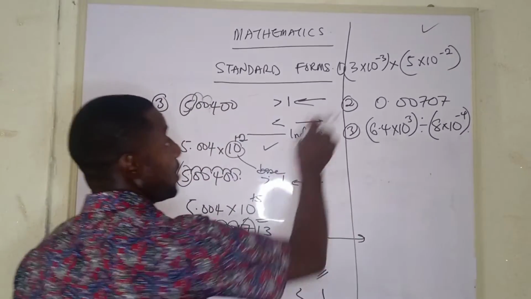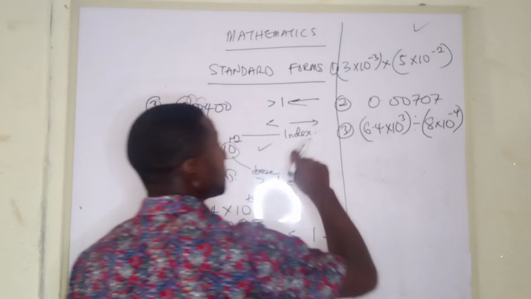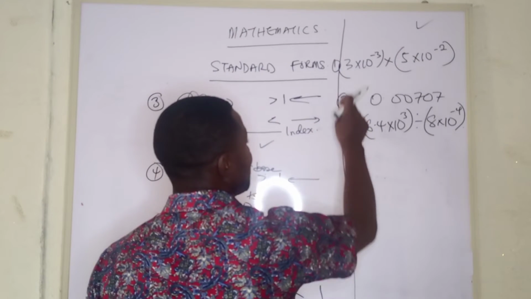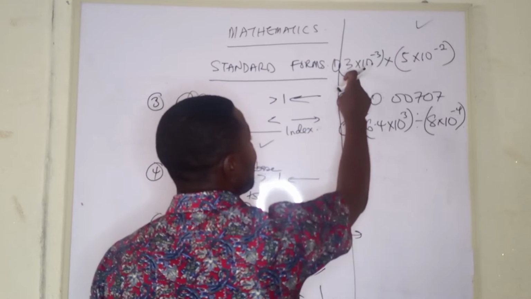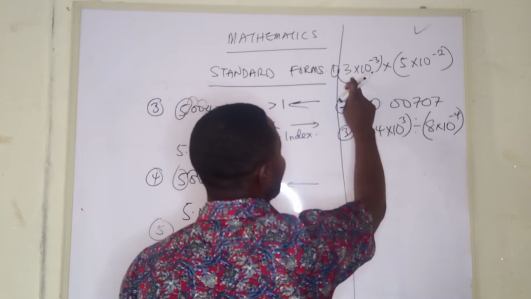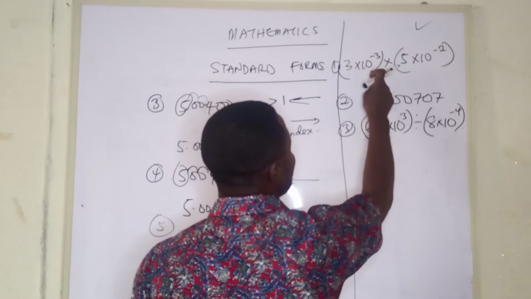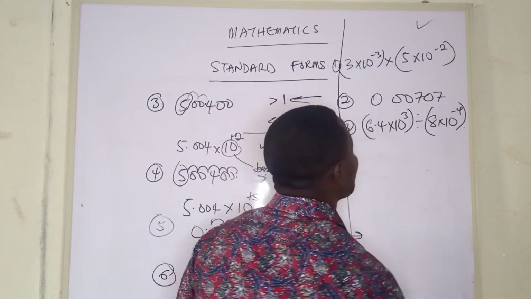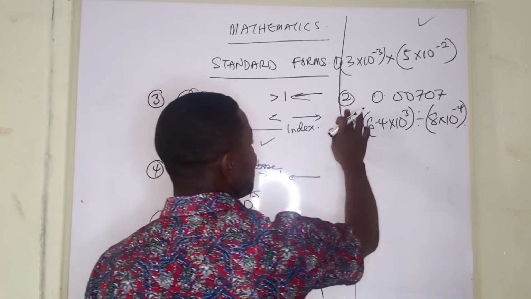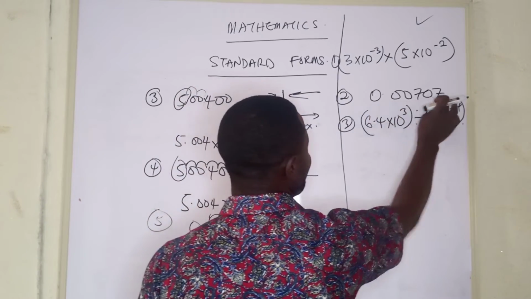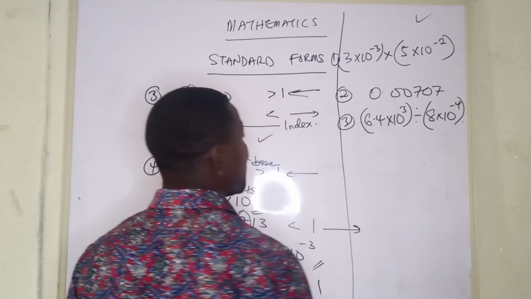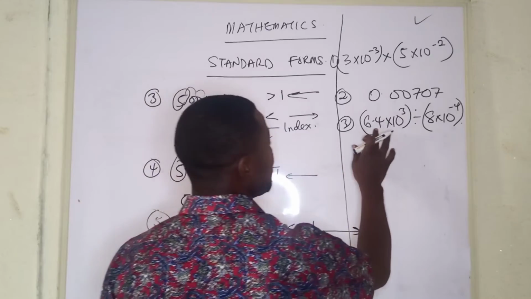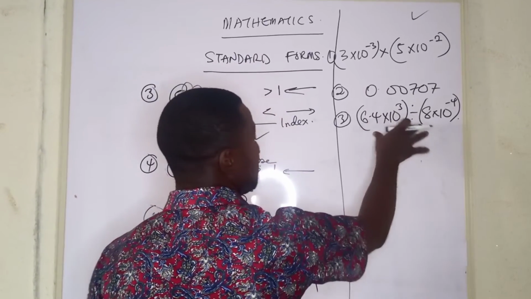So I'll be dropping these 3 questions. This, and this. This one, 3 times 10 raised to the power 3 multiplied by 5 times 10 raised to the power 2. Also, number 2, 0.00707. Convert them to standard form. Also, this one. These are simple questions.